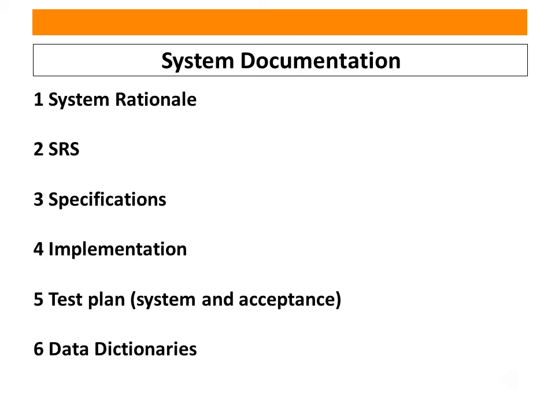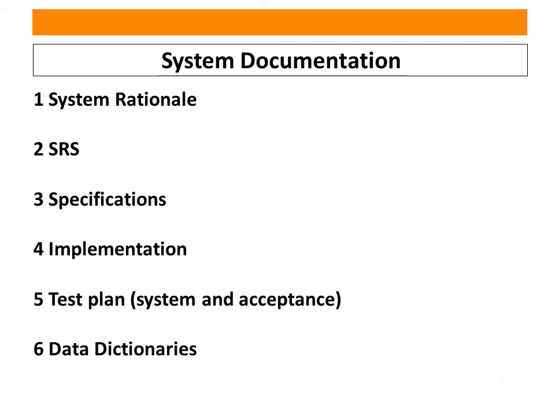Because software is a term used for programs. With the help of programs, code, and documentation, we develop a product. So we defined it as product documentation. After product documentation we discussed user documentation, and system documentation is a part of product documentation. So this is the hierarchy in which we have discussed this.